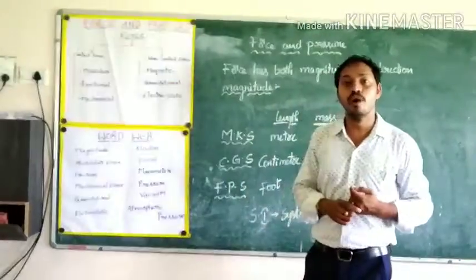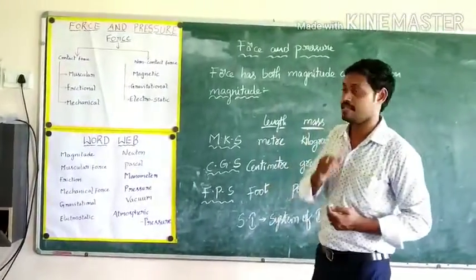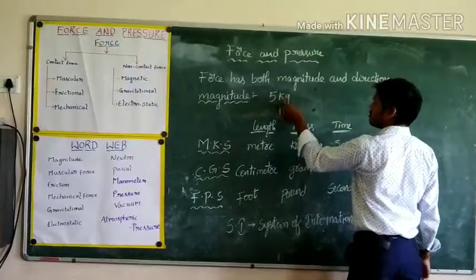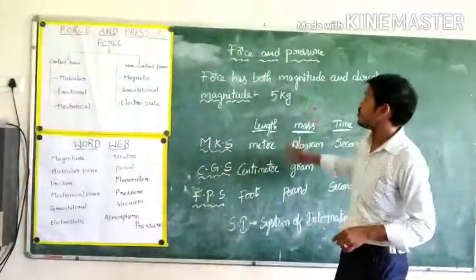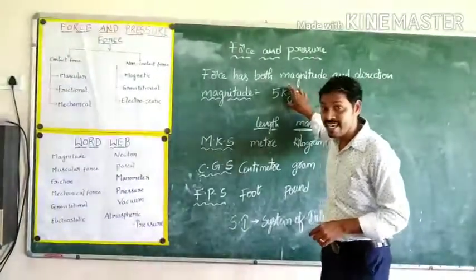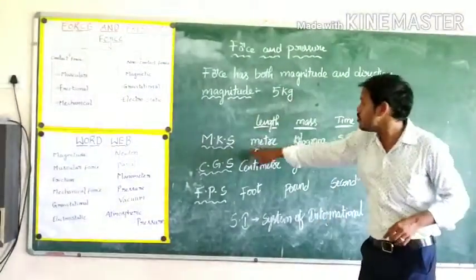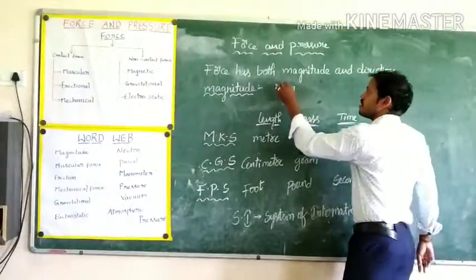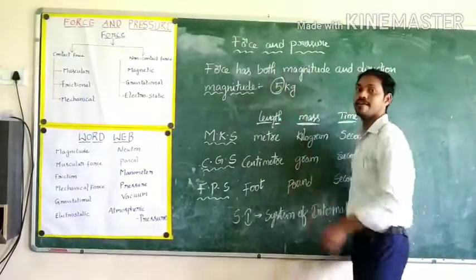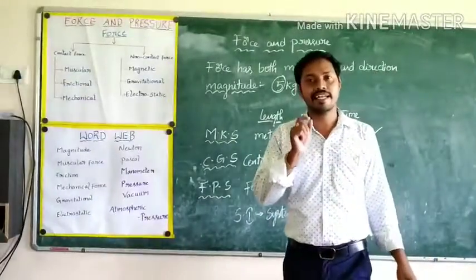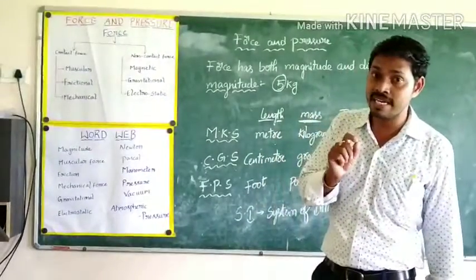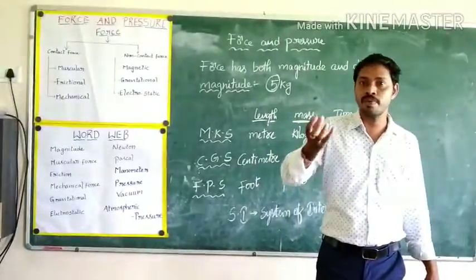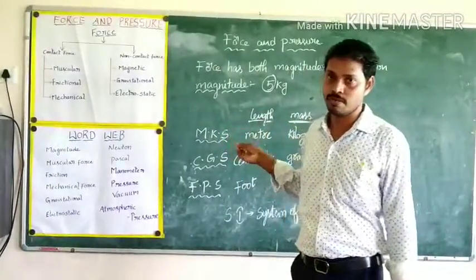So, what is the quantity of rice? Yes, 5 kg. We know that kg, kilogram, is a unit for mass. Here, 5 represents how much quantity you are going to bring to your house.